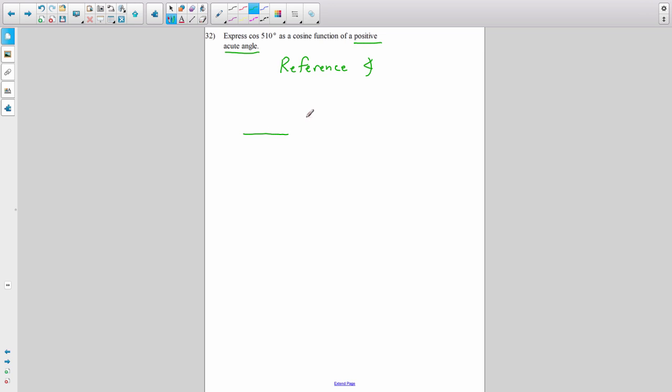To solve this, we just do line, box, line. And over here on the left, we're talking about, are you positive or negative? Where you are. What's your function? And over here is, what's the reference angle?